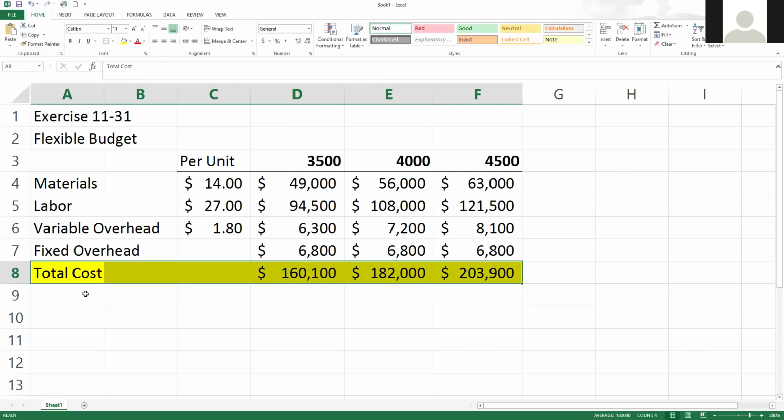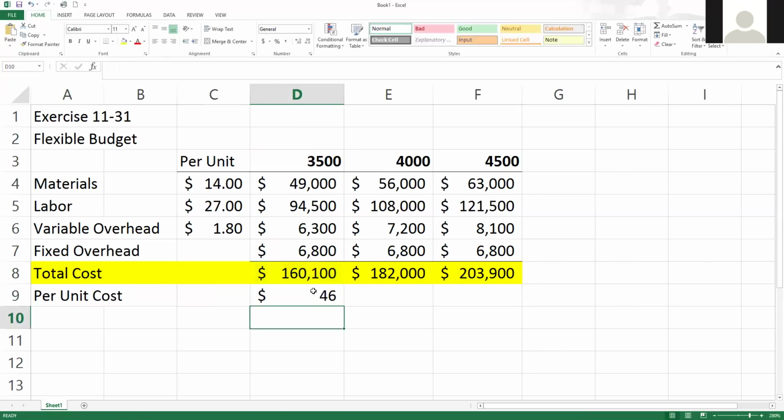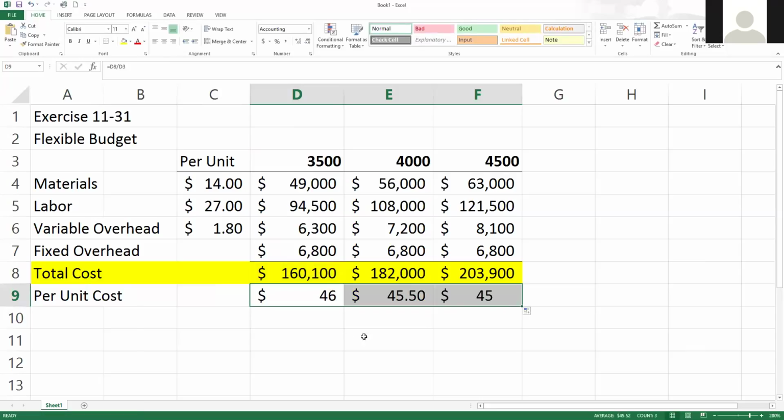The problem takes it one step further. It would like us to come up with a per unit cost under each of these levels. So at 3,500 products, it costs $160,000. So we'll divide total cost by the product, and we'll do that for each of the columns. And you can see the cost goes down as we make more.